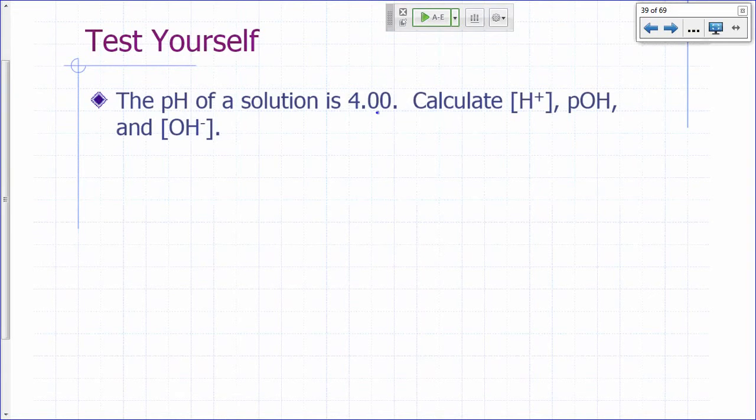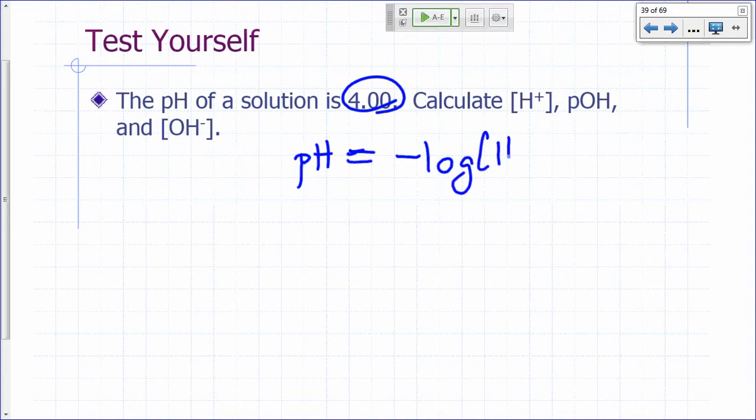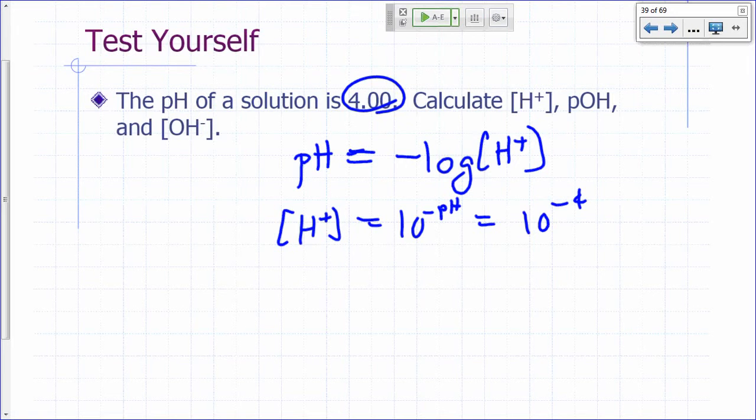Let's say the pH of a solution is 4.00. What is my H plus? What's the definition of pH? Negative log of H plus. So how do I solve for H plus? H plus is 10 to the negative pH. So 10 to the negative 4.00.